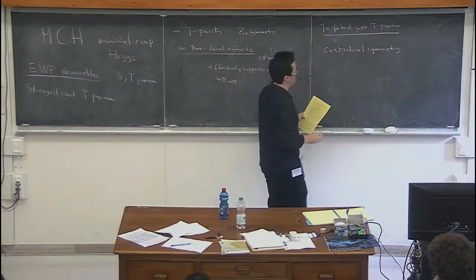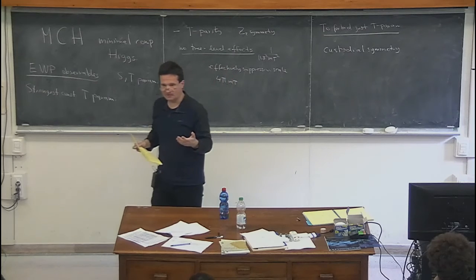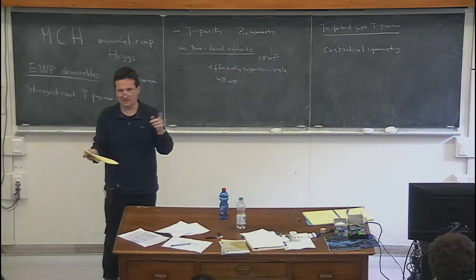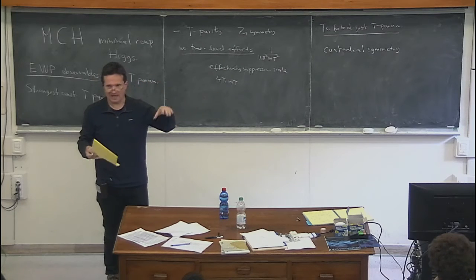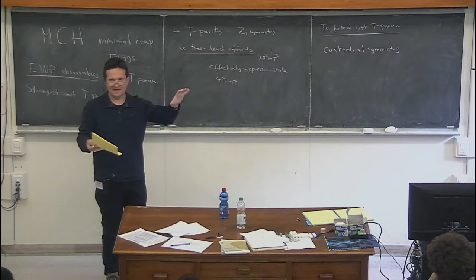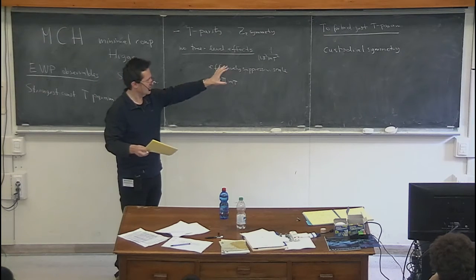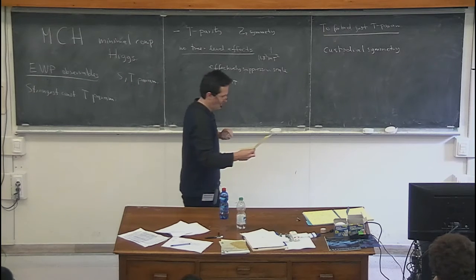Again, what I will do here is explain what custodial symmetry is, and I'm hoping that Javi in the afternoon will discuss for you how custodial symmetry actually protects the mass ratio between the W and the Z, and then the object that is sometimes called the rho parameter, sometimes the T parameter. Okay, it's the same thing roughly.